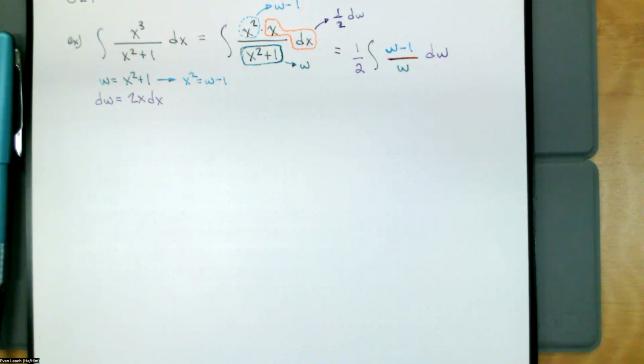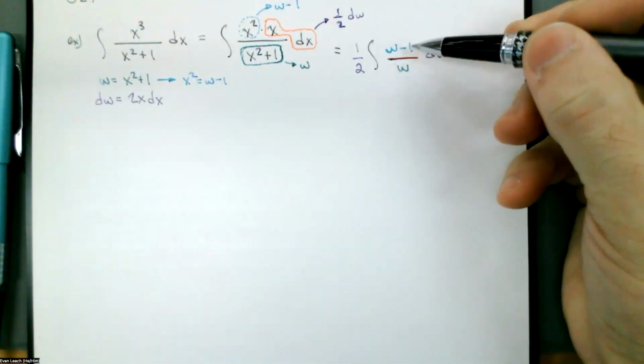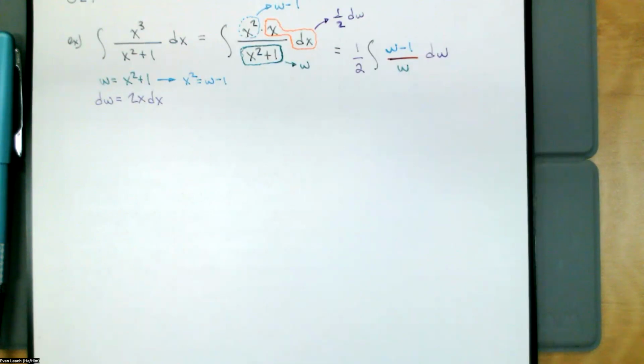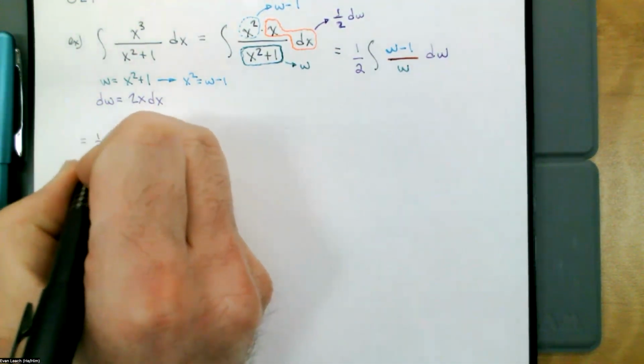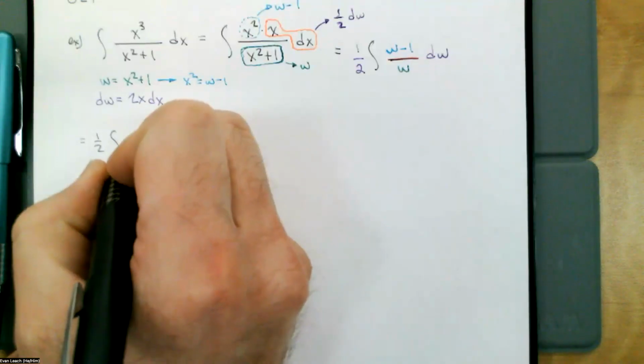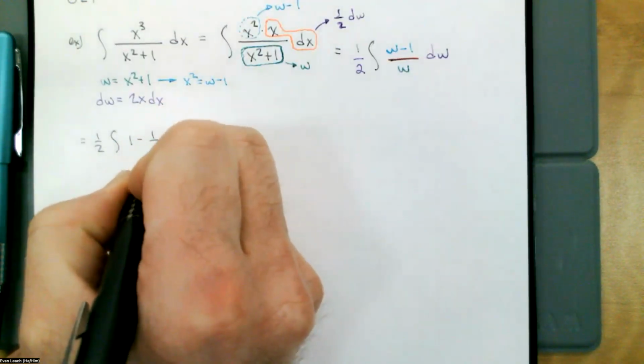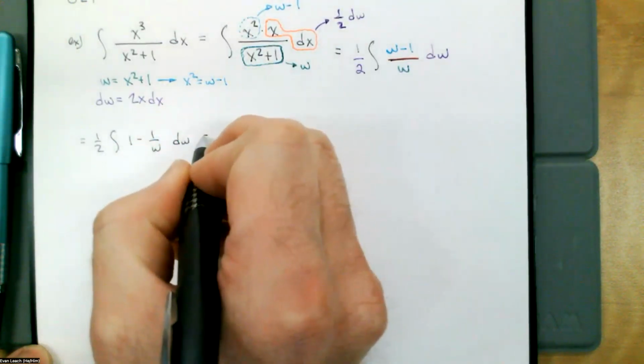Or an x to the 3rd power, because we started with x to the 4th, this substitution would not have worked. Now, in this scenario, we've got w minus 1 over w. The advantage we have here is there's only one term in the denominator, so we can use the distributive property. So I can rewrite this as 1/2 the integral of w over w minus 1 over w dw.